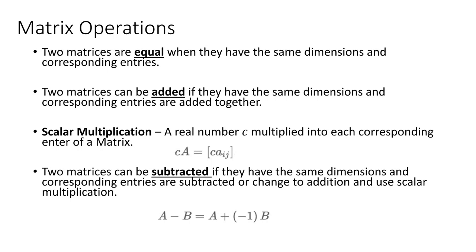Okay, so two matrices are equal if they have the same dimension, in other words, they're the same size, and their corresponding entries are the same.